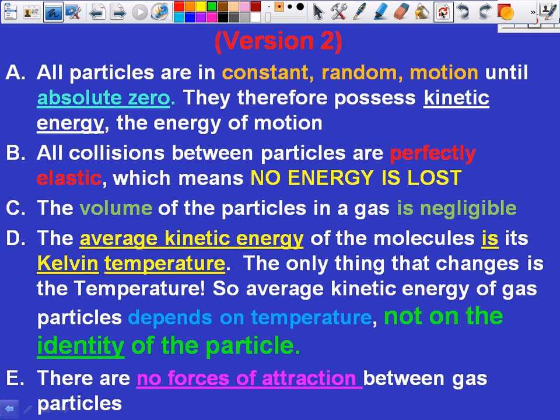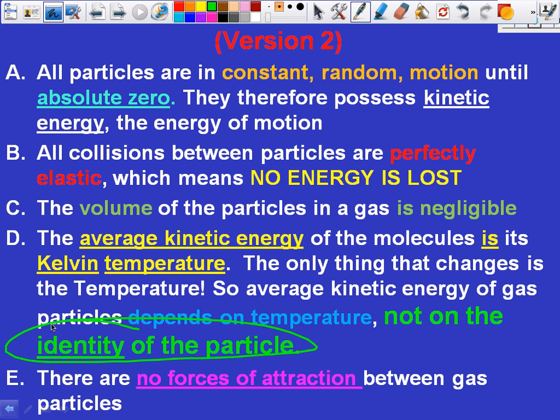So the way we get our energy is by the temperature. One more time: the way we get our energy is by the temperature. So the only thing that changes is the temperature. So the average kinetic energy of the gas particle depends upon the temperature, not the identity of the particle.